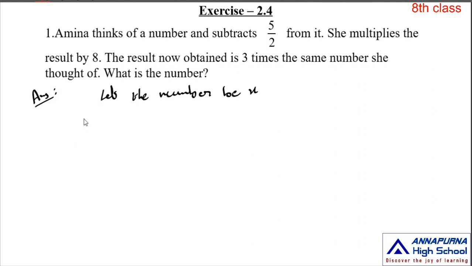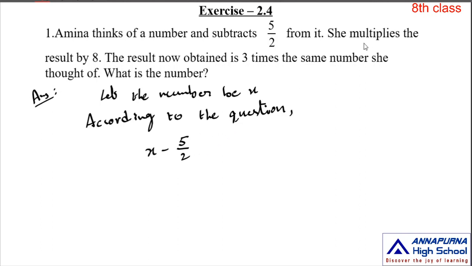So according to the question, first she subtracts 5 by 2 from that number. So here what is the number? The number is x. Now subtract this 5 by 2 from this x, means x minus 5 by 2.